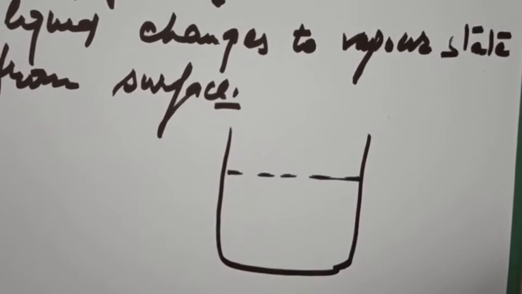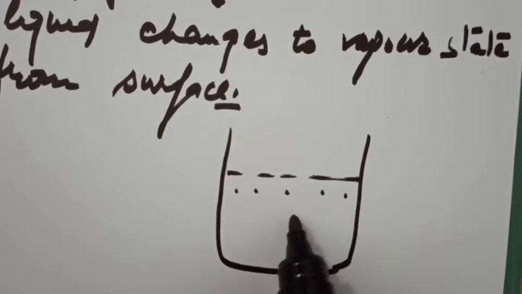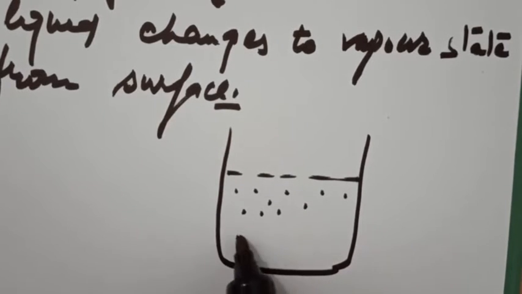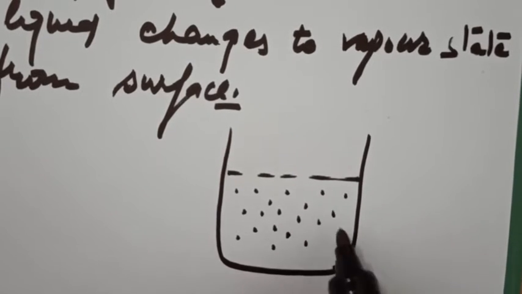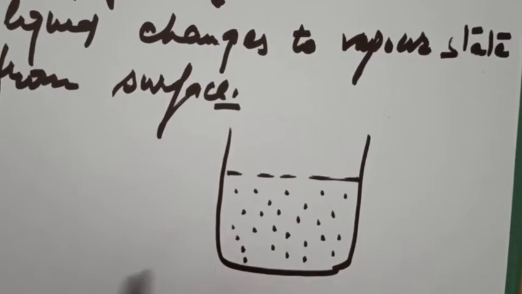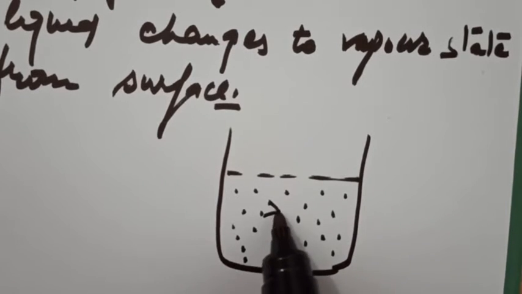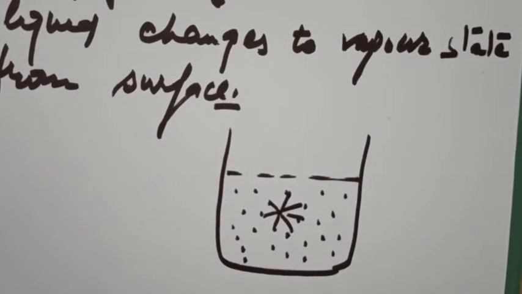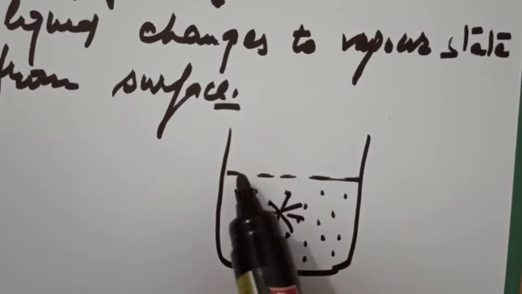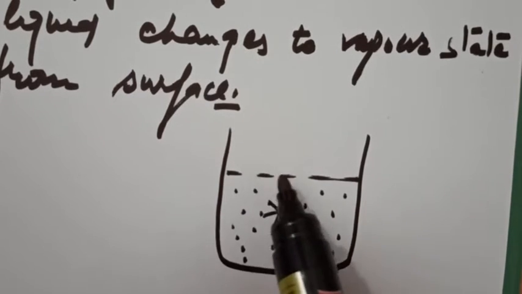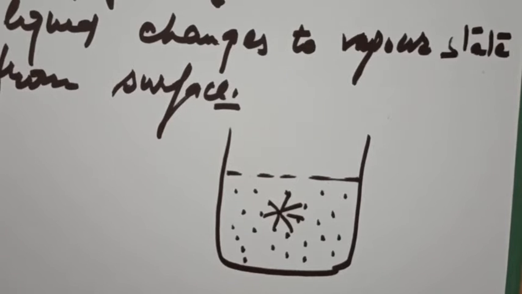There are a number of particles of that liquid in the beaker, and they have interparticle forces of attraction between them, and they also always move in random motion. Now the molecules present on the surface have sufficient kinetic energy.